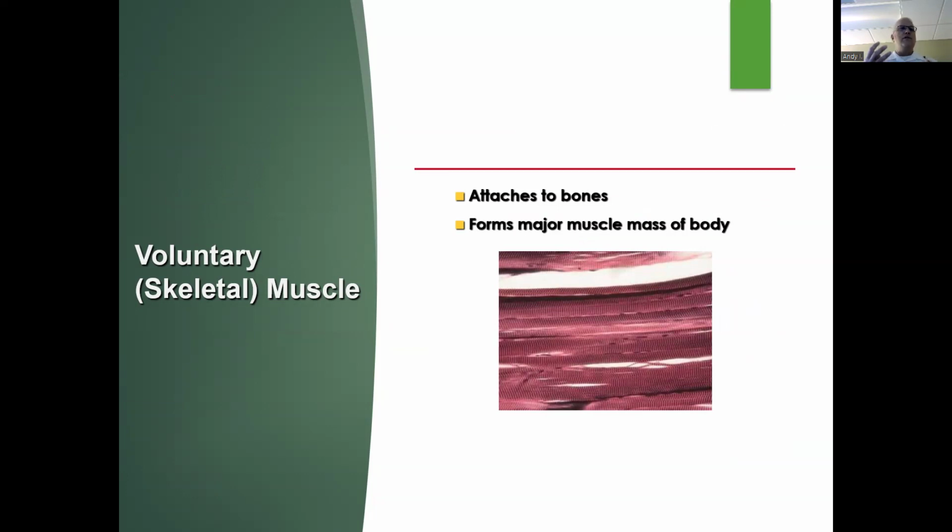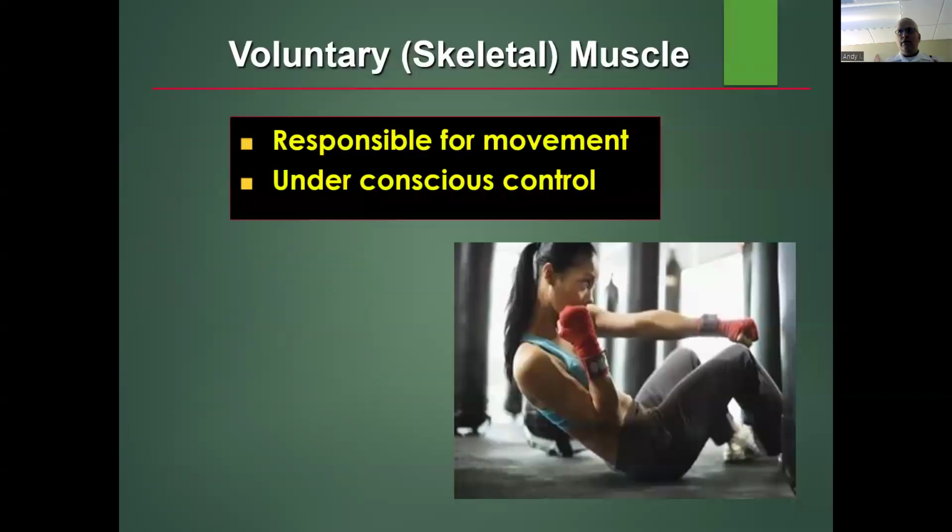This forms the major muscle mass of our body. We're not just skin and bones, which not many people are. When you have the muscles underneath and the adipose underneath, that gives a shape to the body. The skeletal muscles are responsible for movement, and this is also under conscious control. So we tell ourselves to open our hand or make a fist. That's conscious control.